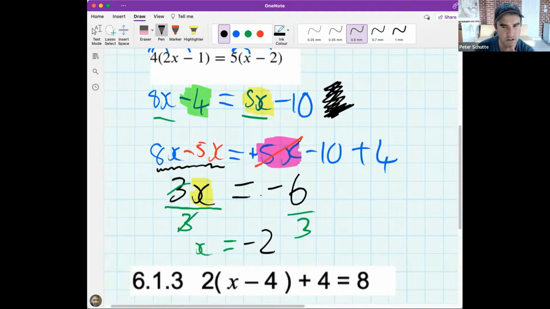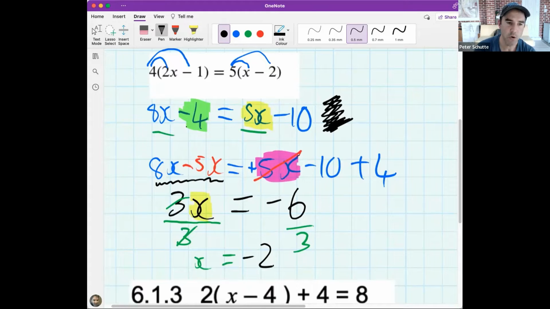Does that help? So don't you need to add, because it's 8x minus 4, but here you minused. Okay, I know what you mean. The -4, I'm actually moving that to the other side.